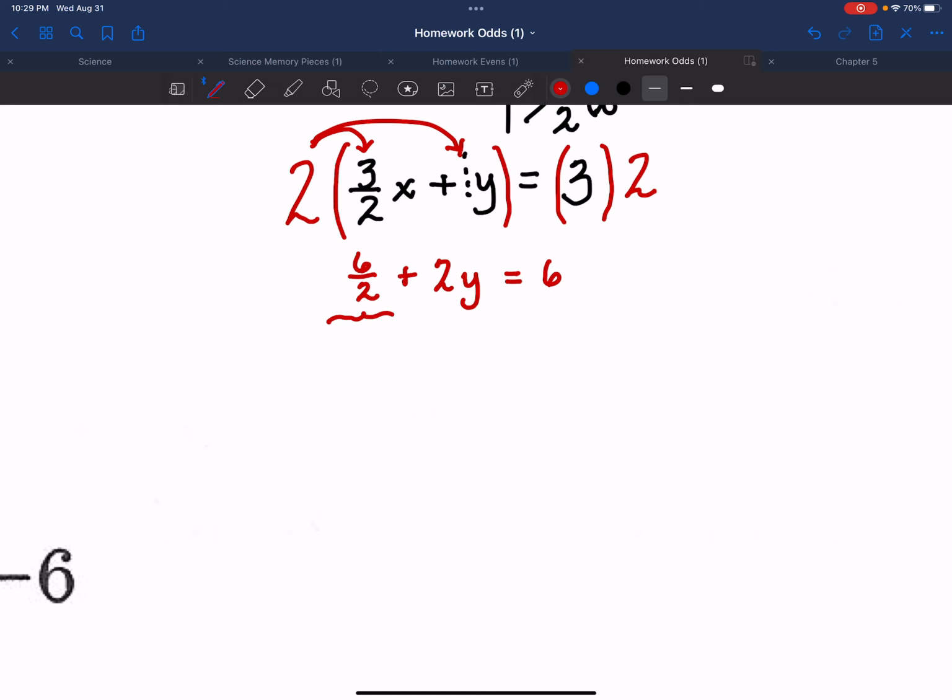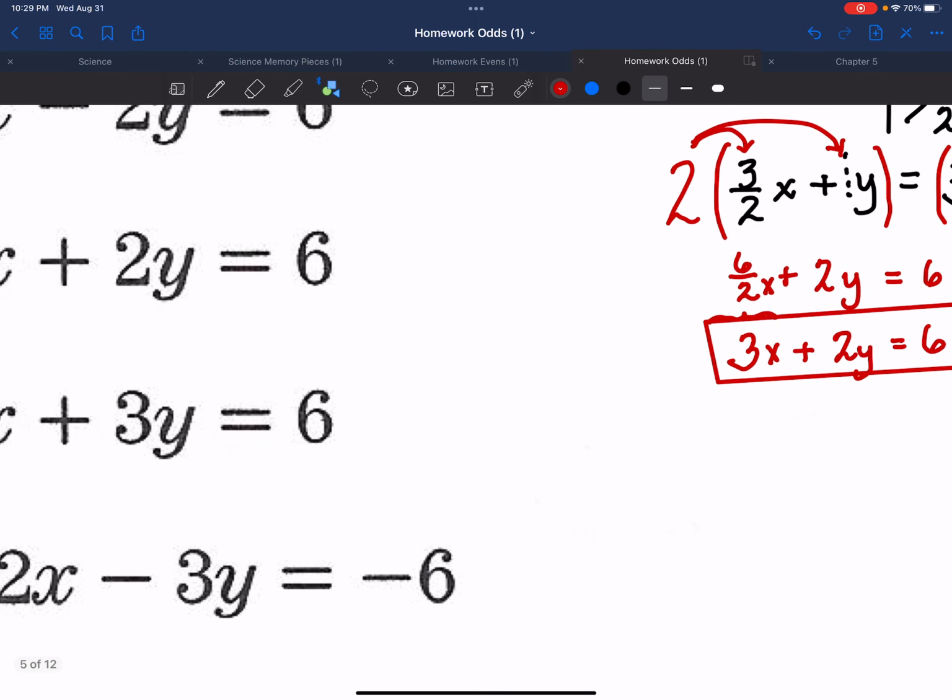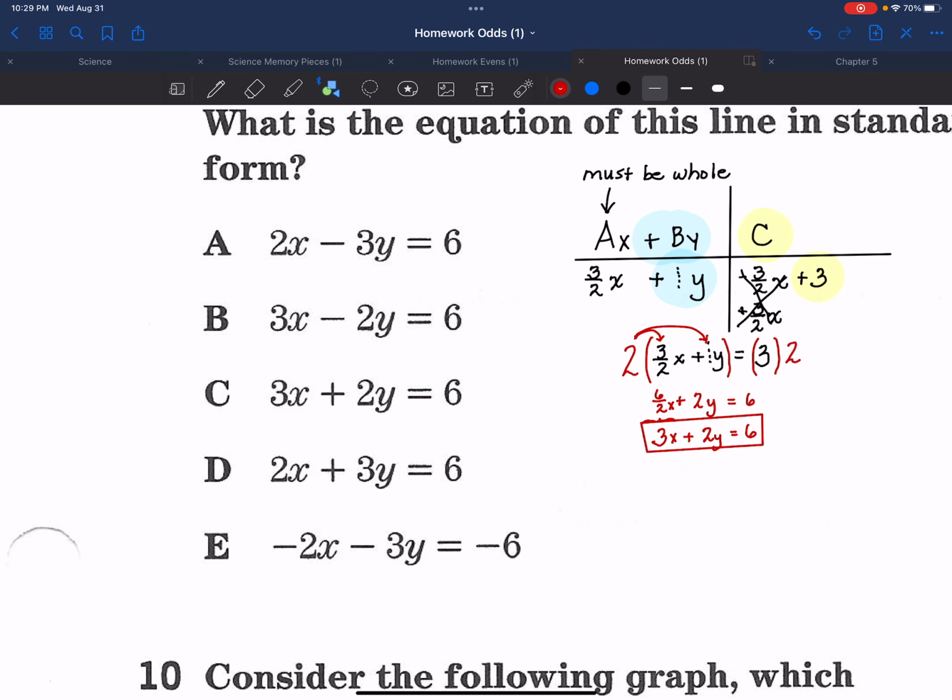But this fraction is going to give us a whole number for that x term. And then we have standard form. So this answer should be over here. And sure enough, it is. Option C is what we want.